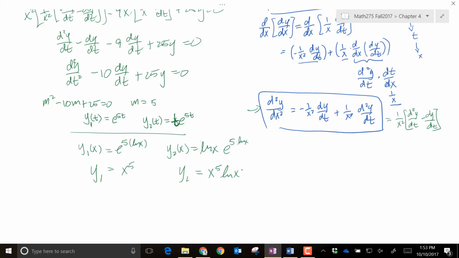That's a good question, and the answer is I don't know. I think the Cauchy-Euler equation is set up so that it would work either way. I don't think so. Which is simpler?